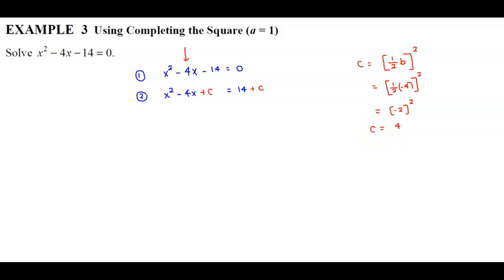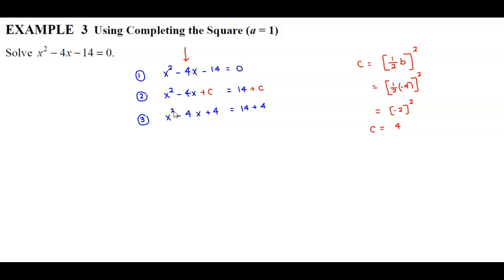So now, in step number 3, we're going to replace the value of c to be +4. So now x squared minus 4x plus 4. And on this side, this is going to be 14 plus 4, because now we're replacing c to be the value of 4.